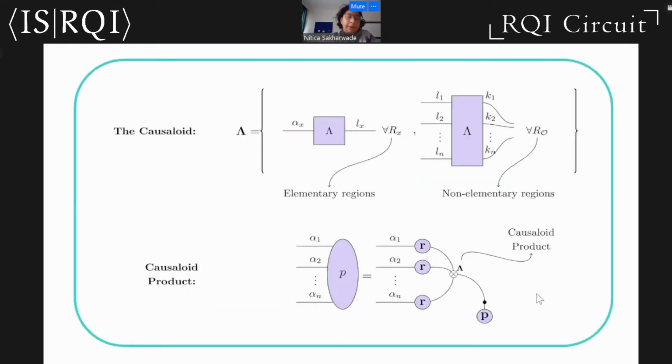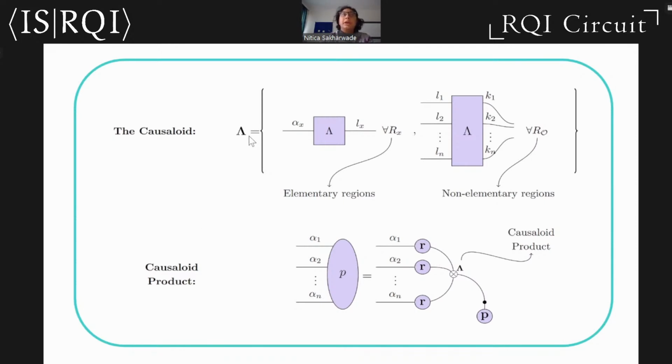And then one can write down the causaloid itself by writing down the tomographic compression lambda matrices and the compositional compression lambda matrices for all regions. And this itself is able to give you back all the conditional probabilities for all alphas. So we call this the causaloid, which is akin to the theory, describing the theory itself at the operational level.